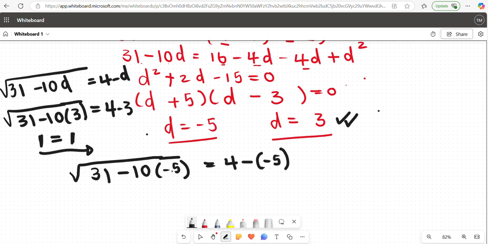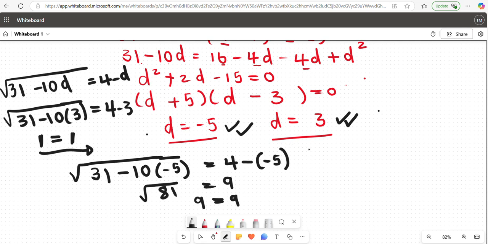So a 10 times negative 5 would give me a 50 there, but it's going to be a positive, so this ends up being 81. So if that's 81, then we have a square root of 81 is equal to 4 plus that, which gives me a 9 as well. And yes, a 9 is equal to a 9. So in this case, this one does work too.